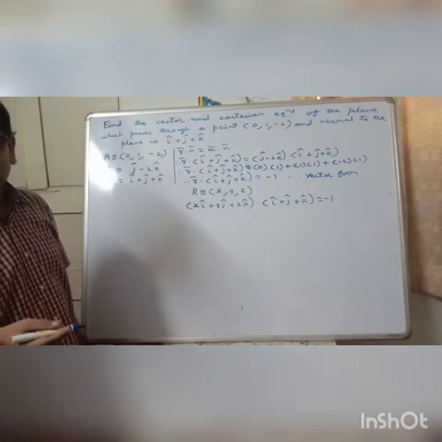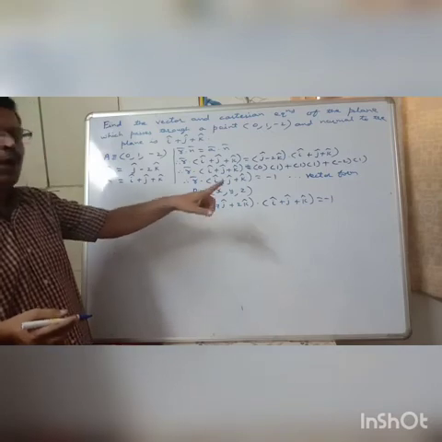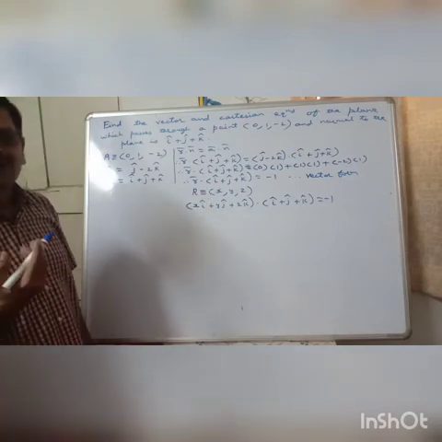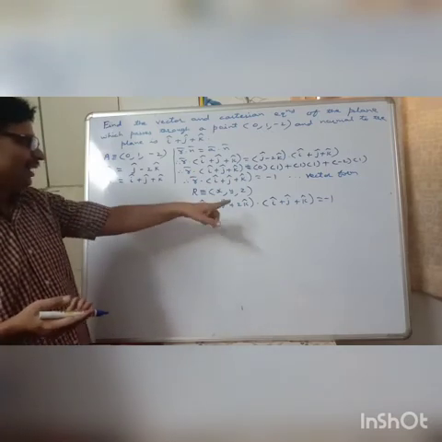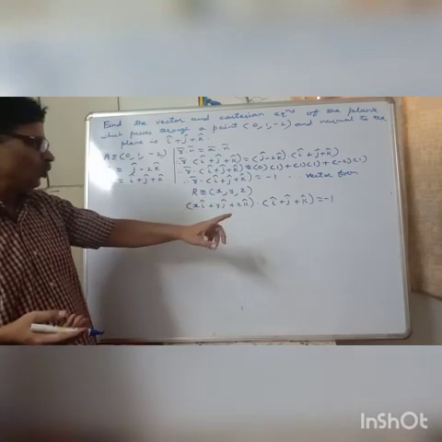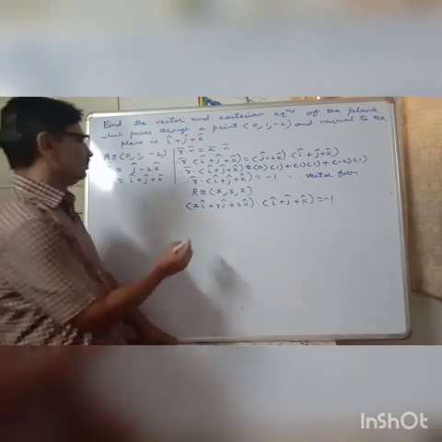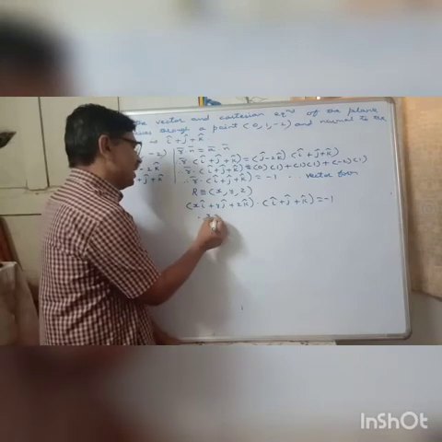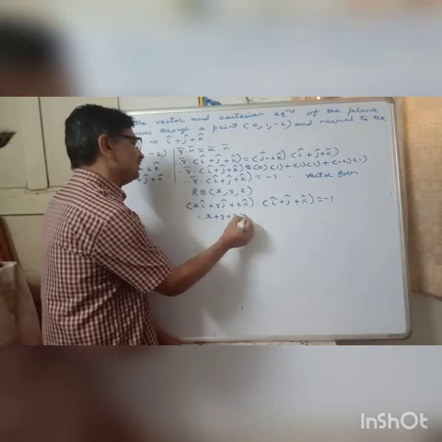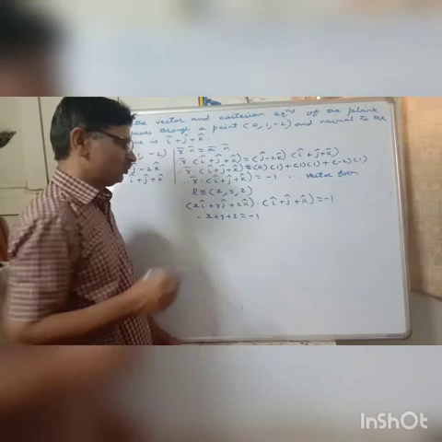Dot product of two vectors. Find sum of product of coefficients of i, j, k. X into 1 plus y into 1 plus z into 1. So we get x plus y plus z equal to minus 1.